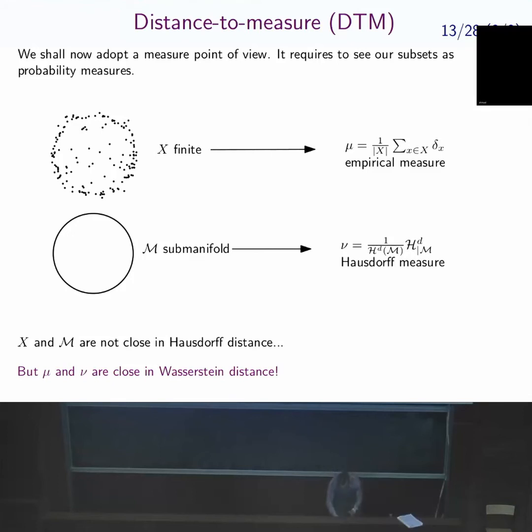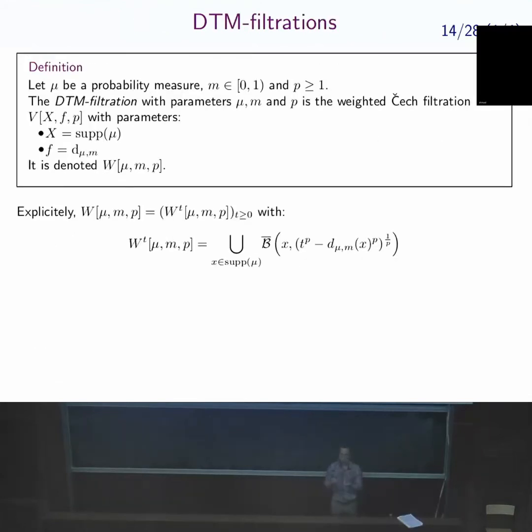Okay, so now we have the weighted Čech filtration, the DTM, and a measure point of view. So let's define the DTM filtration. The DTM filtration is based on three parameters: a measure mu, a parameter m, and a parameter p. It is defined as the weighted Čech filtration where the parameters are, for the set X, the support of the measure, for the weighting function f, the DTM of parameters mu and m, and for the parameter p, the parameter p.